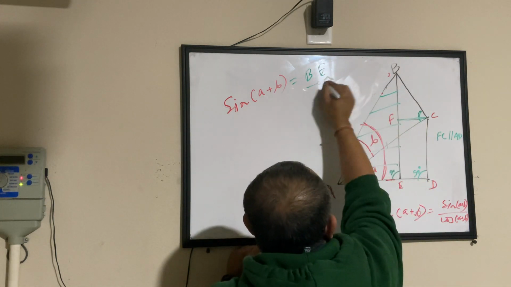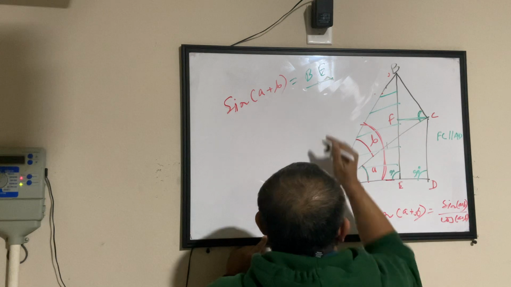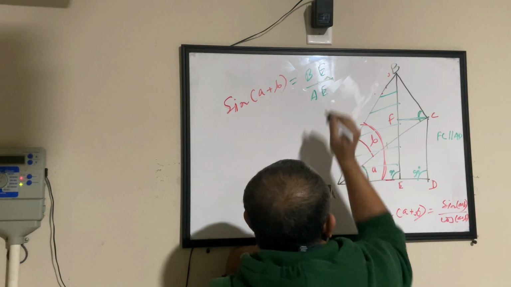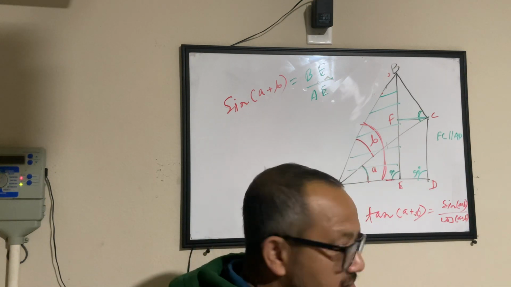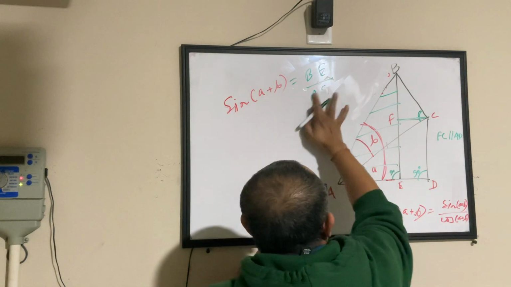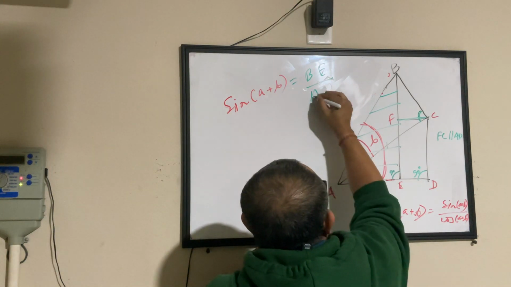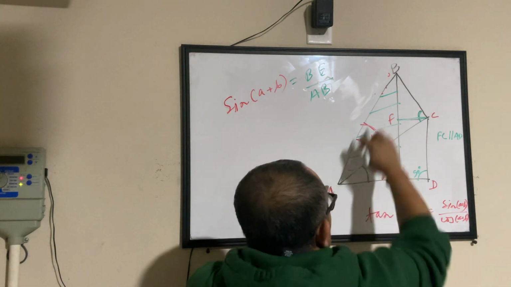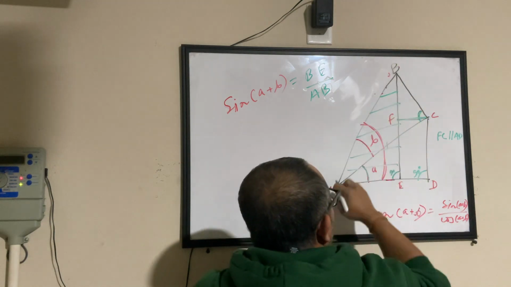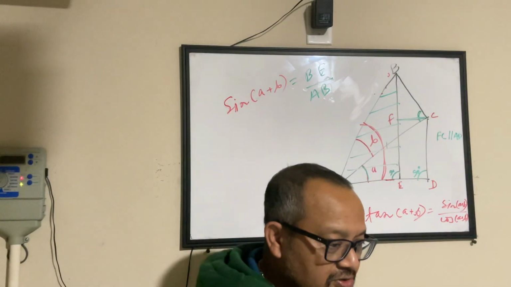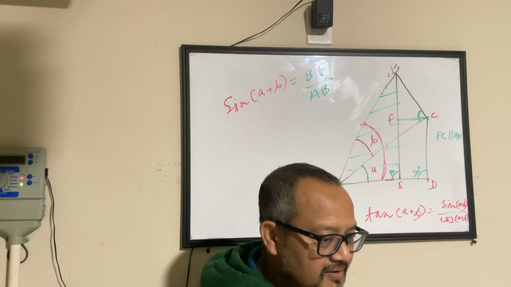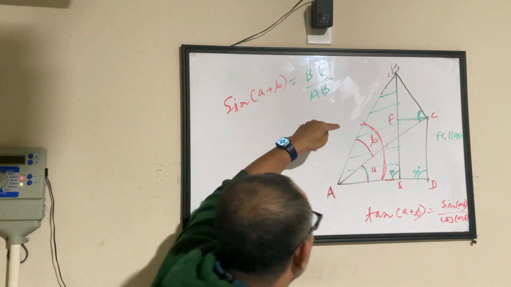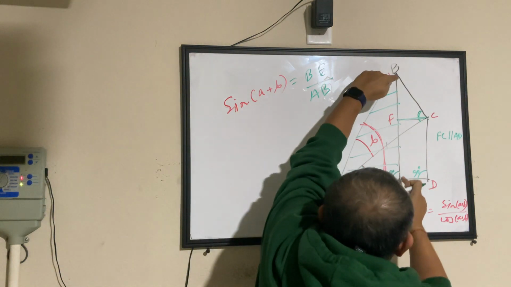BE divided by AB. Oh, my bad, by AB. So this side divided by this, by SOHCAHTOA, right? Yes, sir. Now this BE is what?